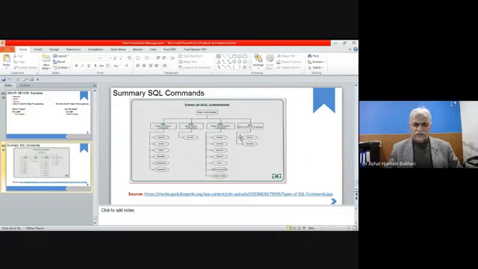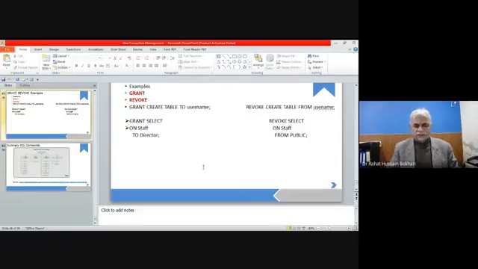This is a summary of the commands that we have already studied, and I advise you to go to the lab and try to execute all these statements. In today's lecture, we discussed what a transaction means and how a transaction should be carried out. If the data is accessed simultaneously by more than one user, and they are making changes in the database tables, how should those be controlled in order to keep our data consistent? Concurrency control is the basic idea.